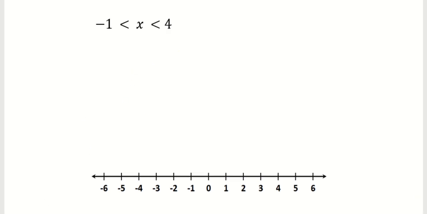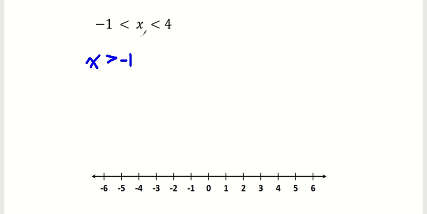Oh, well, what do you know? This is the same thing. Okay, and I just covered that. You can break this up into two, where this is one of them. -1 is less than x, which is probably better written as x is greater than -1.